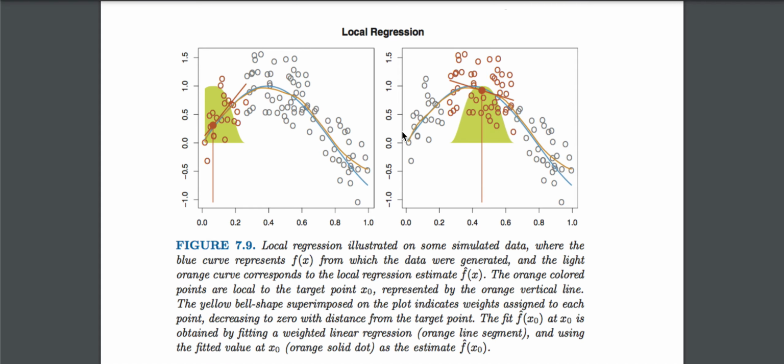There's another method called local regression. I don't want to spend a lot of time on it. I just want to put it out there. What it does is that to predict the underlying curve at any point, it uses all the data points around that point.